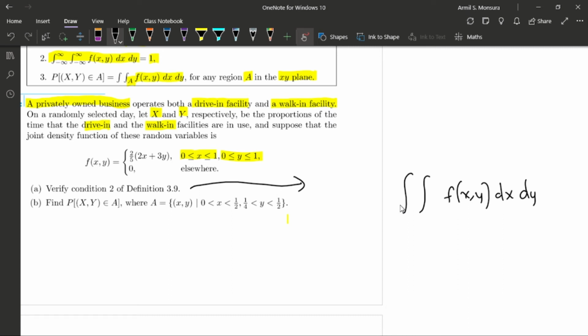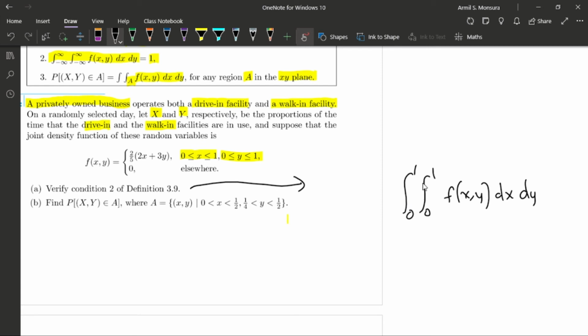The values of x are from 0 to 1 only, and your y is defined from 0 to 1 only. So if you are integrating with respect to x, the limits are from 0 to 1. While if you are integrating with respect to y, the limits are also 0 to 1.